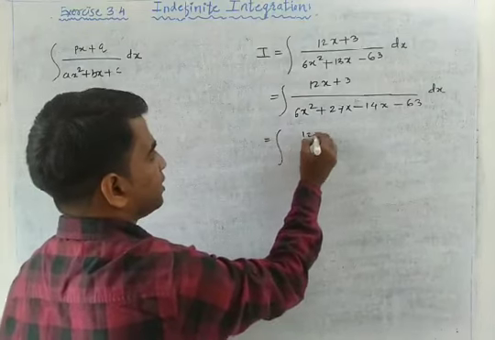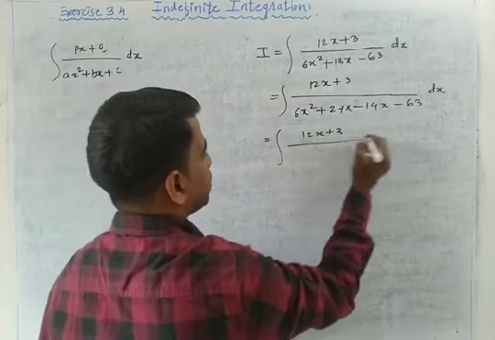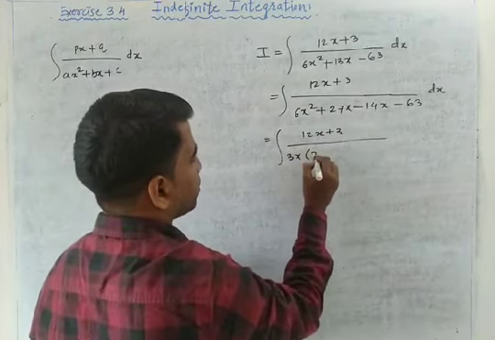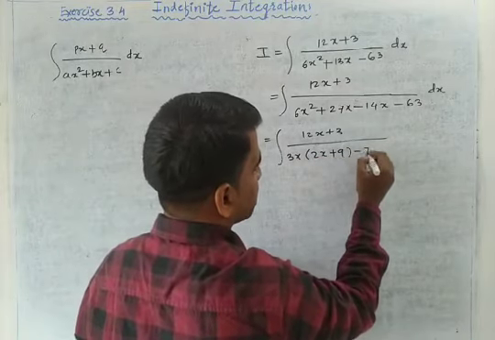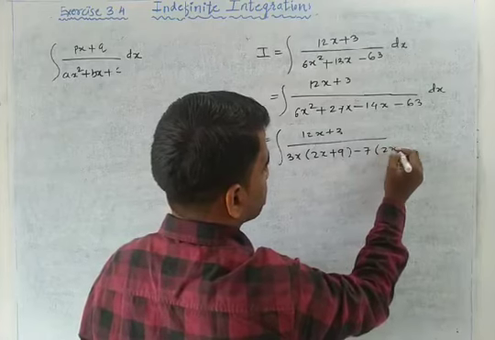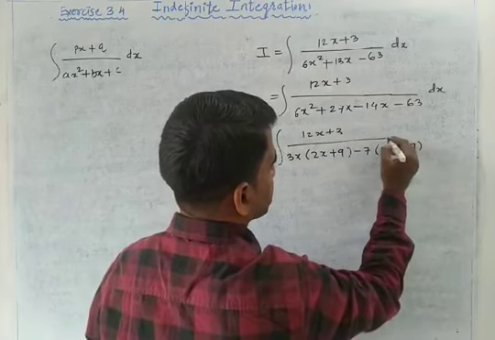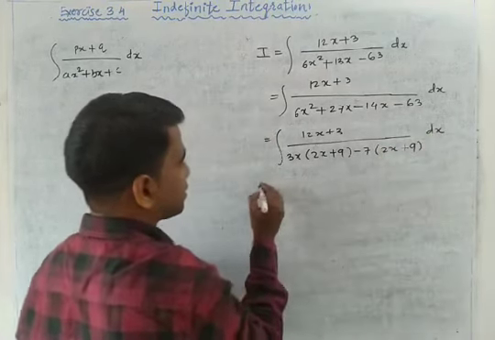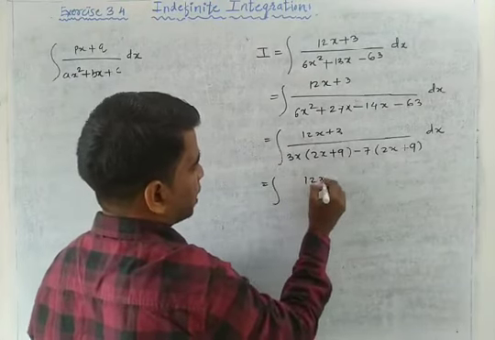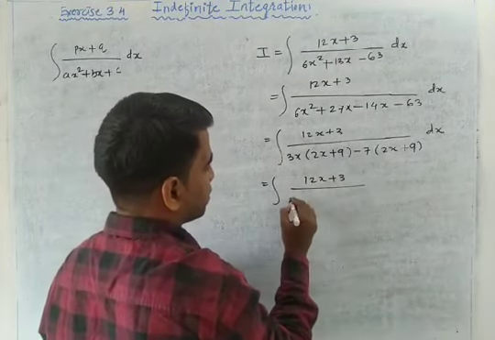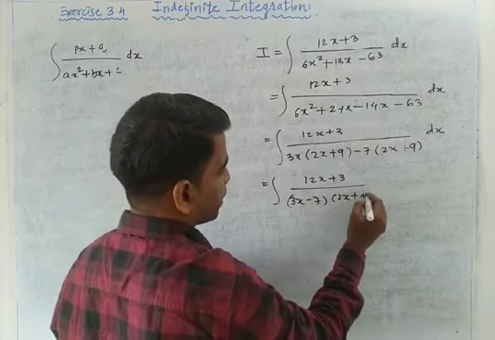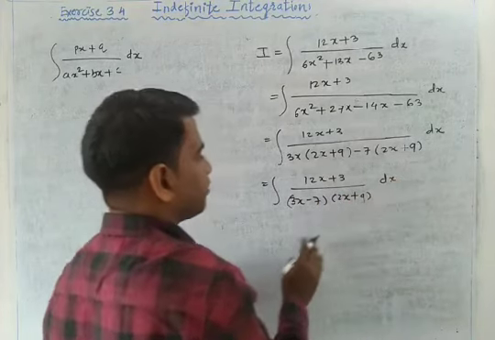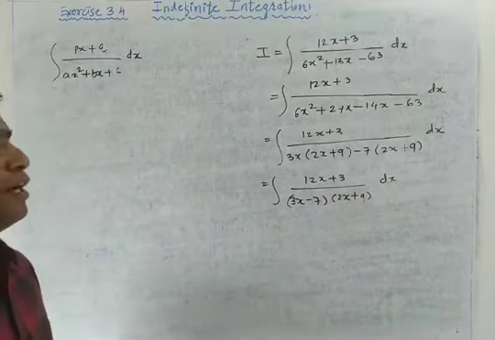So integration of 12x plus 3 upon 3x common out, 2x plus 9, minus 7 common out, 2x plus 9 dx. So therefore the integration of 12x plus 3 upon 3x minus 7 and 2x plus 9. It means we are able to find the factors of the quadratic equation.